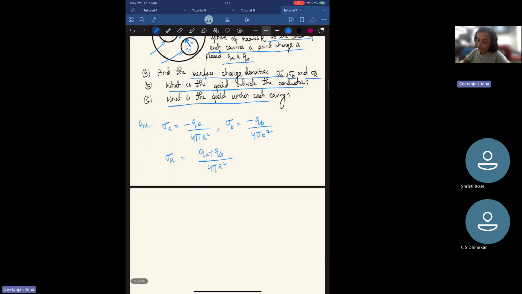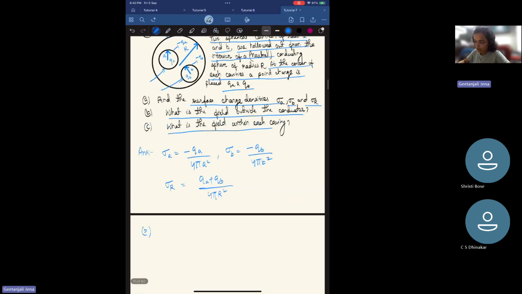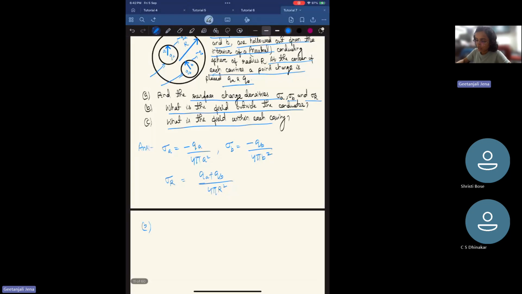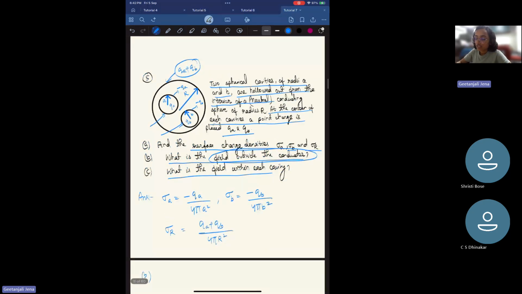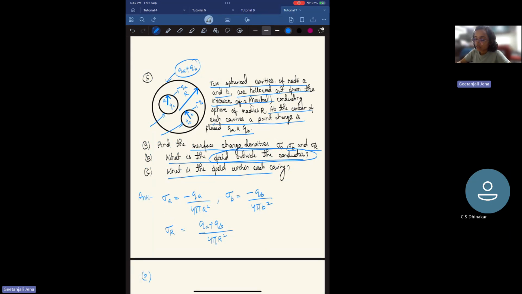For the field, you need to find the total charge enclosed in different regions. So, the field outside the conductor: the total charge enclosed will be QA plus QB, right? Because the induced charges cancel with QA and QB.